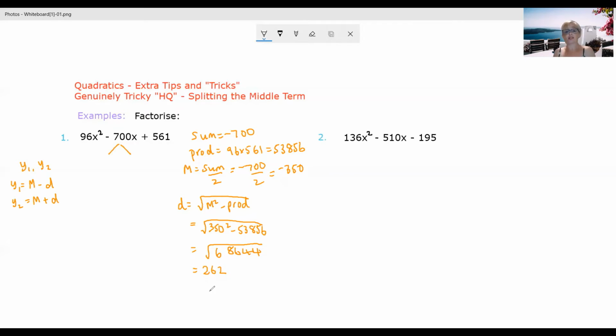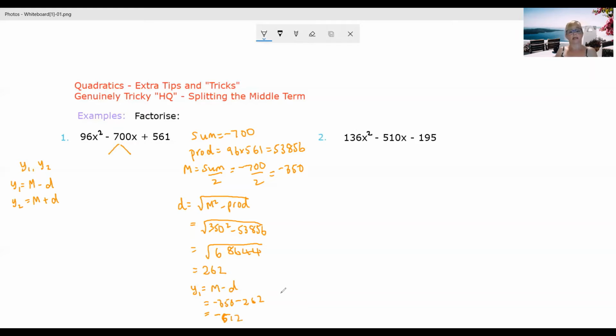Now we're in a position where we can work out our y1 and our y2, and then we'll be all good. y1 is going to be m minus d, so it's going to be negative 350, take away 262, which is negative 612, I believe.